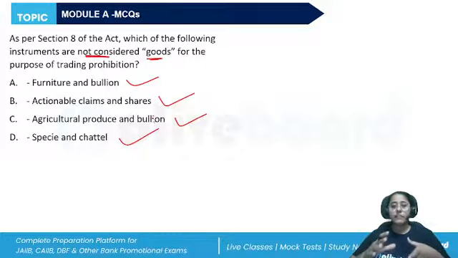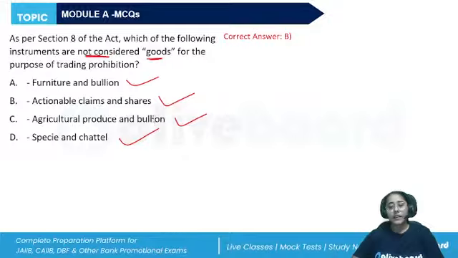So, when we are talking about goods for this particular section, it means every kind of movable property other than actionable claims, stocks, money, bullion, shares, specie. So the correct answer will be B. Actionable claims and shares.